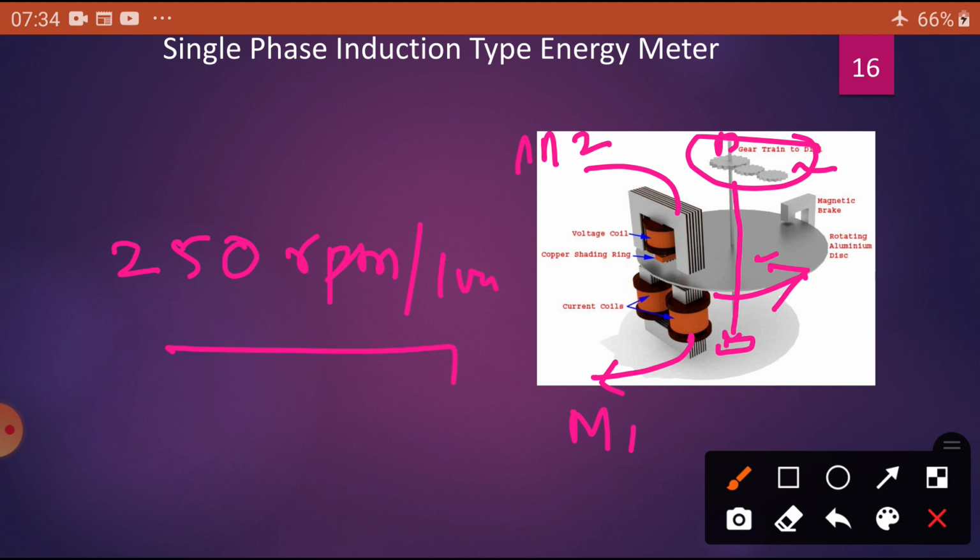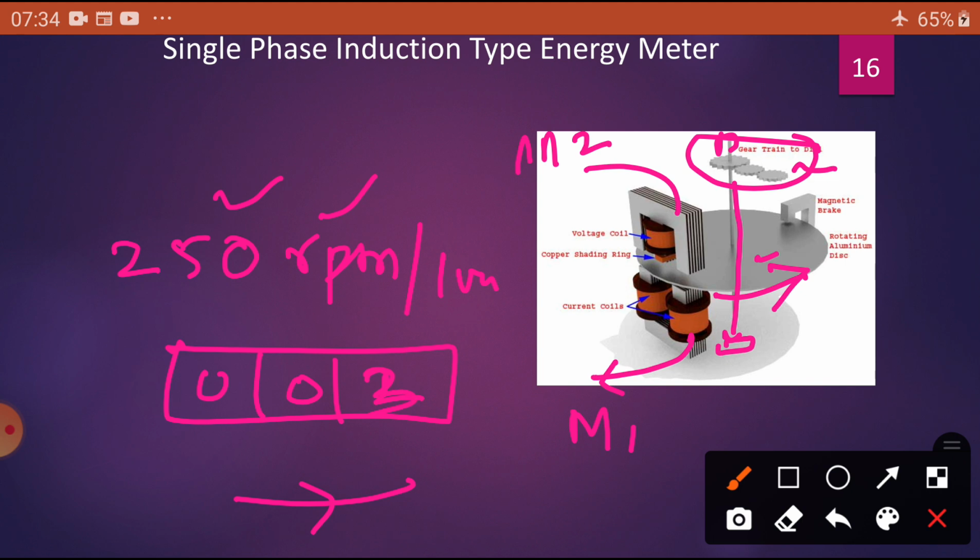So whatever the digits are here, 0 0 1, after 250 rotations of the disc it will come to 2. After another 250 rotations, it will come to 3. Such a mechanism is provided in the register system. That is a mechanical system.